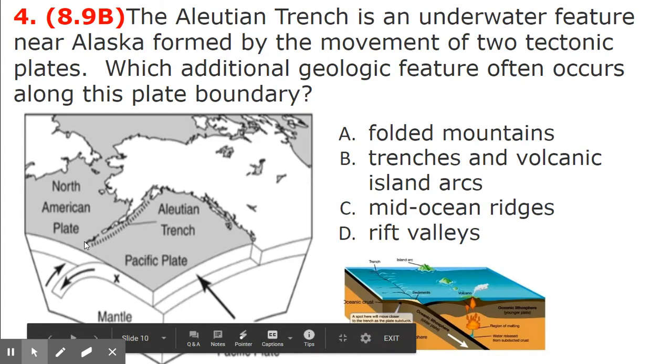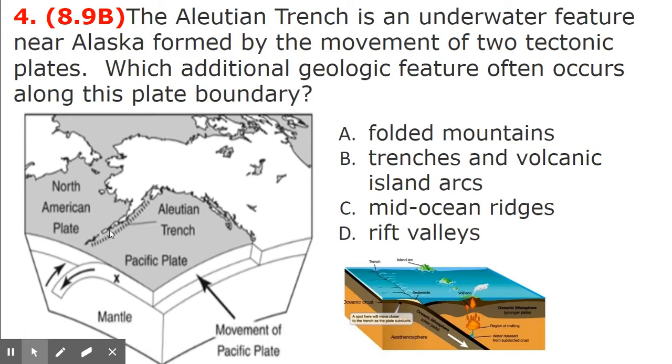It's a convergent boundary where two plates are coming together or colliding. And it's telling you it's the Pacific plate converging with the North America plate. So what you have here is the oceanic plate subducting underneath this continental plate, and you're going to get these trenches, underwater trenches, deep depression.